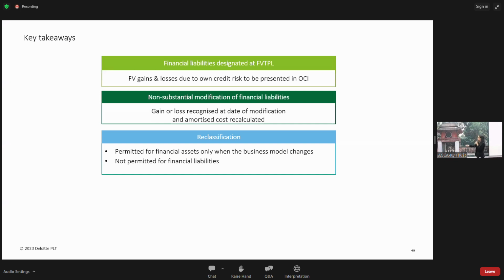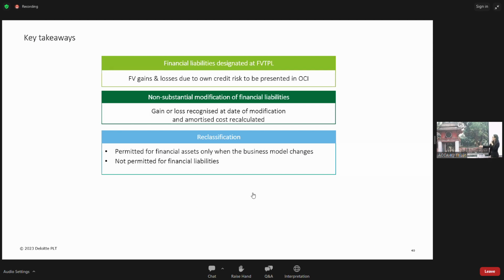Then for a non-substantial modification of the financial liability, the gain and loss is recognized at the date of modification, and amortized cost is recalculated. So in either case, whenever there's a modification, we should expect to see some form of P&L flushing. It's not the same as IAS 39 anymore. Last time, we only remeasured.